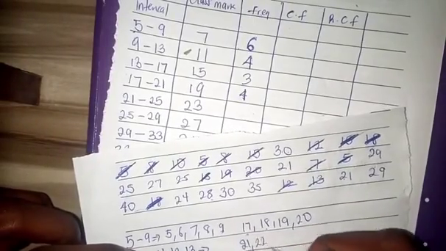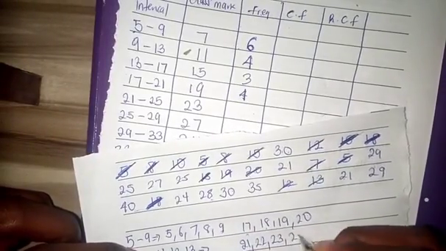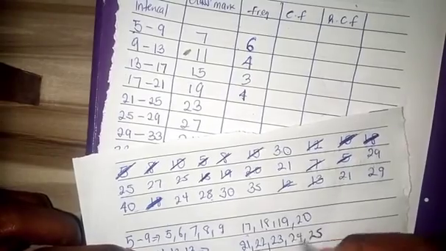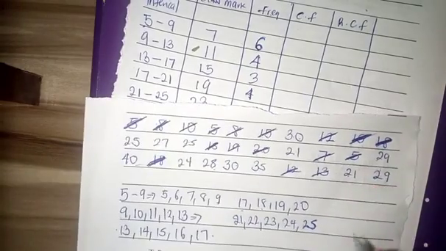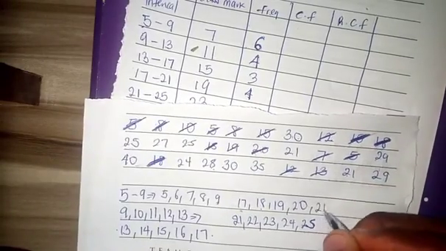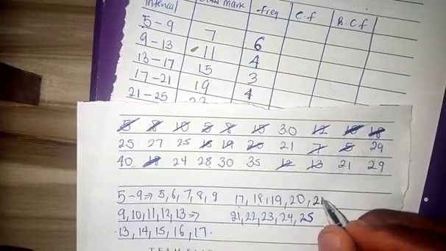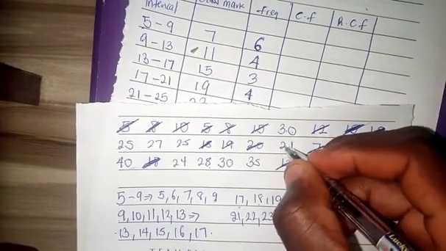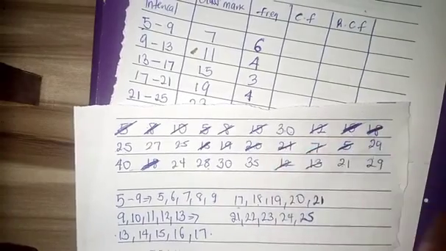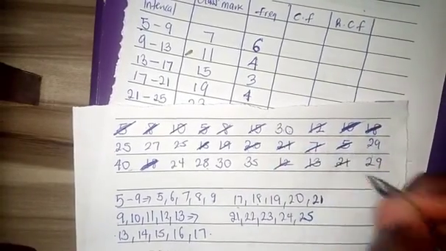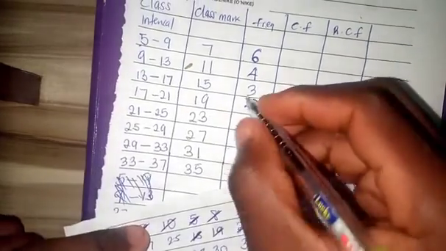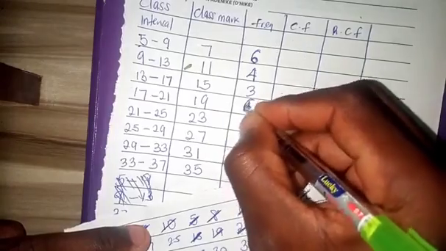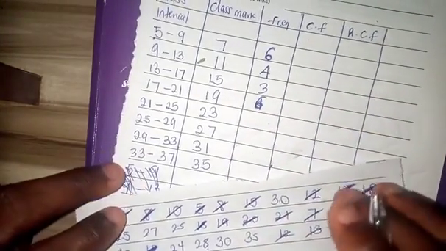21, 22, 23, 24, 25. Okay, we have 21 here. We still have this one too. That's 2. So we add 2 to this one, making 6. Sorry, I made that error.